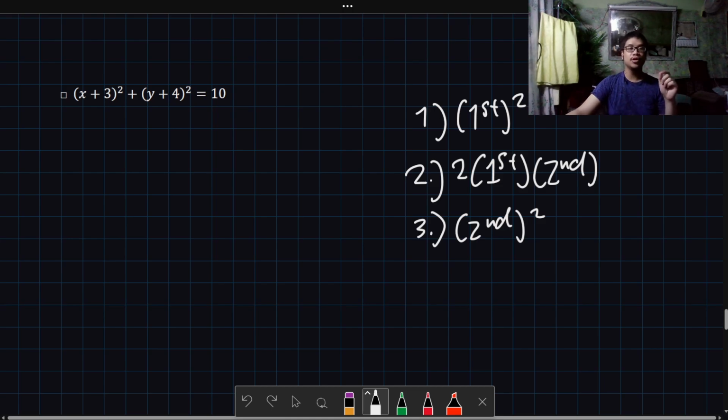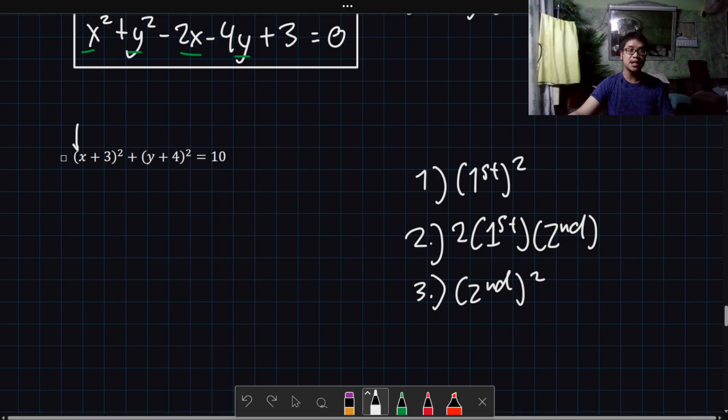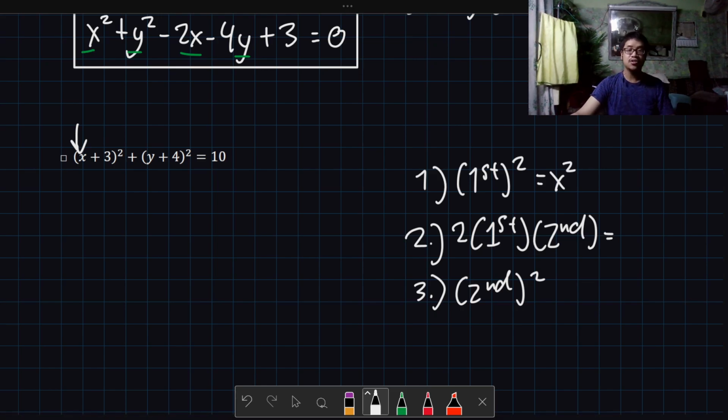So how do we convert the square of x plus 3? First step is you square the first term. Remember that the first term is basically the left side. So square x, you will have x squared. Next, according to the second step, 2 times the first term times the second term. The second term is basically the right side of the parentheses.